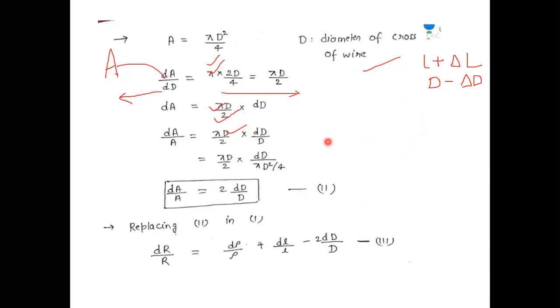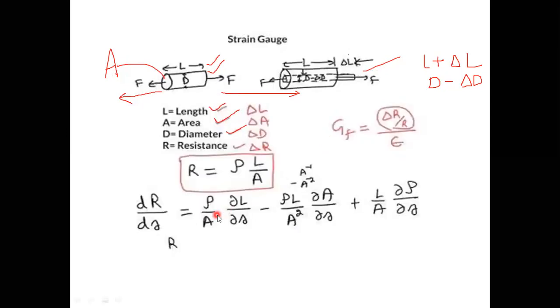R equal to rho L by A is the resistance.